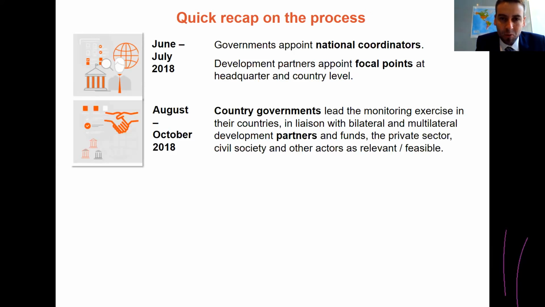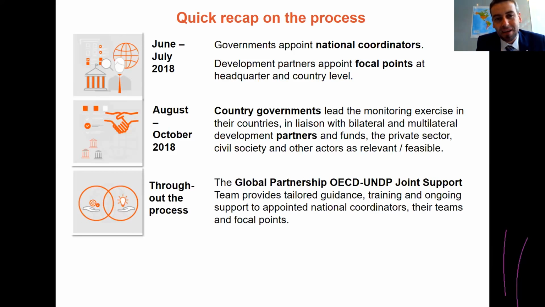They liaise with bilateral and multilateral partners and funds, private sector, civil society focal points, and other relevant actors. We are going to be supporting you through the process: the Global Partnership, OECD, and UNDP Joint Support Team. We are going to be launching the trainings and the online trainings and producing many more materials in multiple languages in the coming weeks, so you are really prepared by the time you kick off the monitoring run at country level.